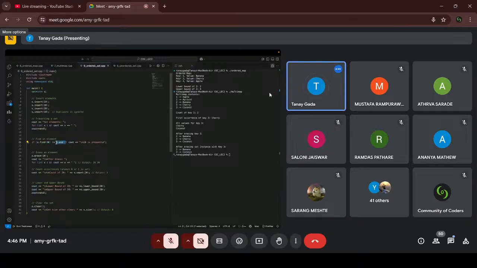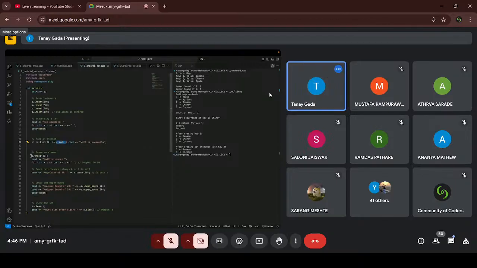That's why if we have the element, we would get some iterator which is less than s dot end and it is in the set. If the element is not in the set, we would get this iterator. So we are just checking: if it is not equal to this, it is present. If the output of find is equal to s dot end, it means the element is not present in the set.